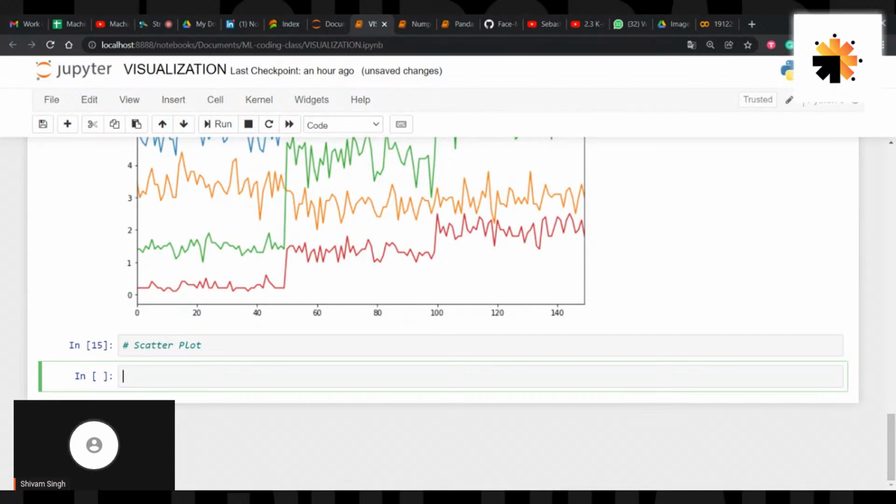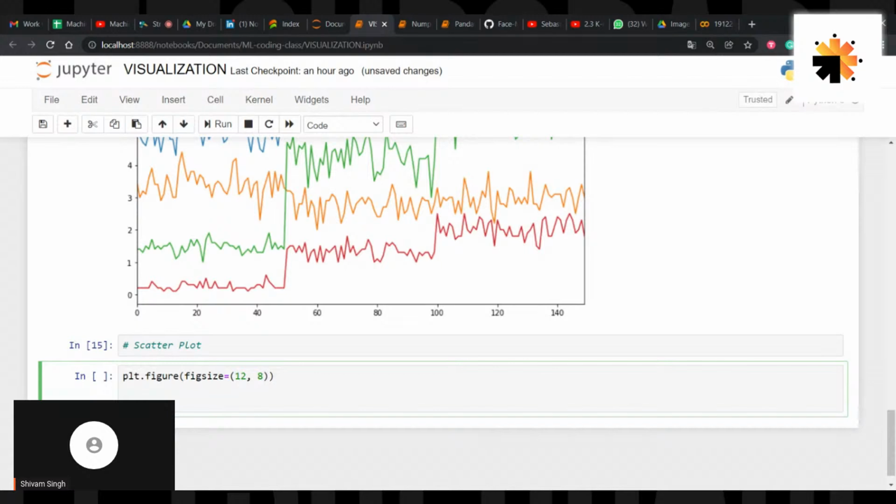So plt.figure, and then I can give a fixed size over here. sns.scatterplot. In a scatter plot you have something on the x-axis and something on the y-axis.